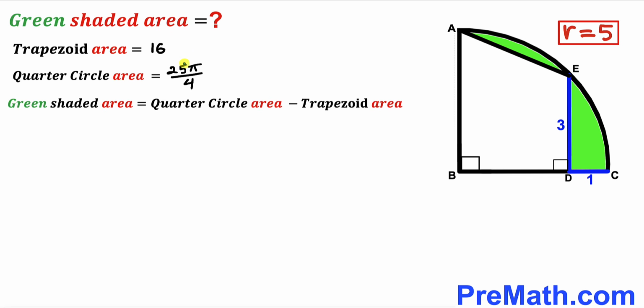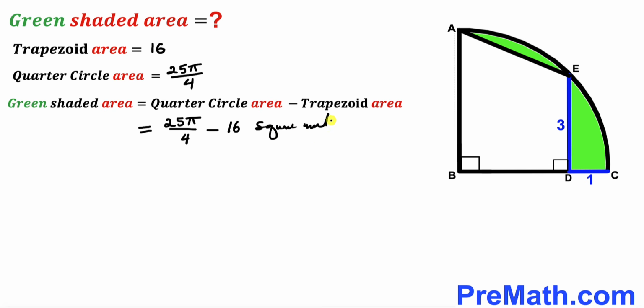Here our quarter circle area is 25 pi divided by 4 and our trapezoid area is 16. Filling in the blanks, 25 pi divided by 4 minus 16 square units.